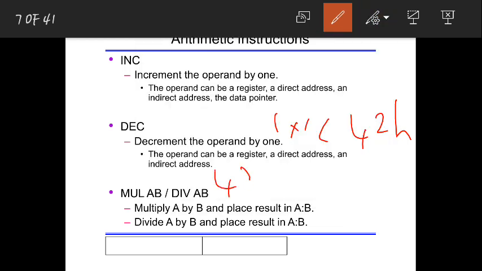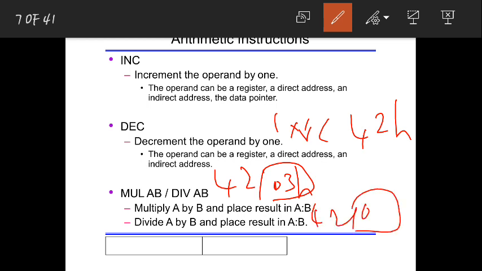In case at the 42 address location you have 03 inside, then if you write increment 42H, this 42 will become 04. So the content present inside 42 will be incremented. Before it was 3, now it became 04. That is how it works if you use direct address.